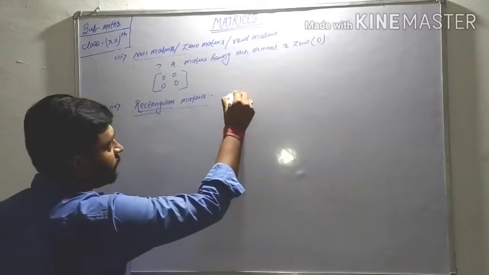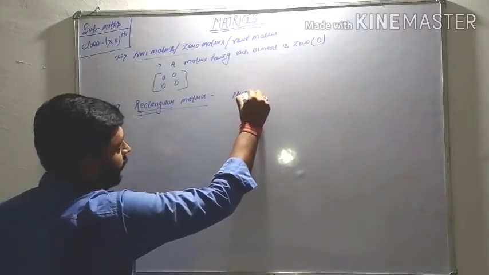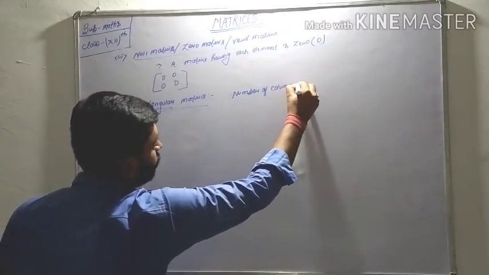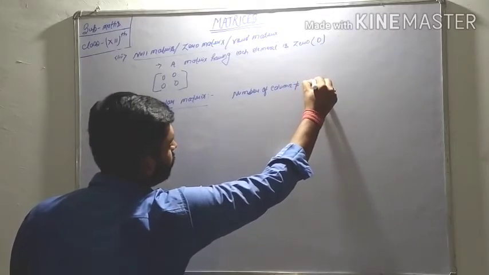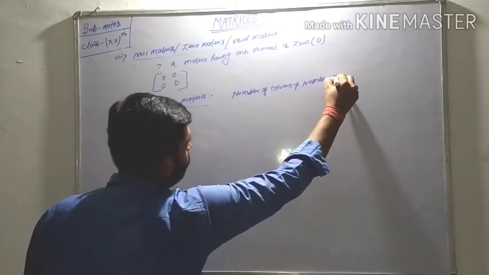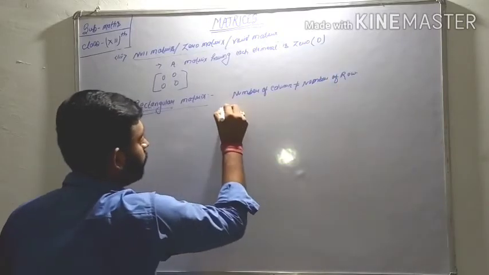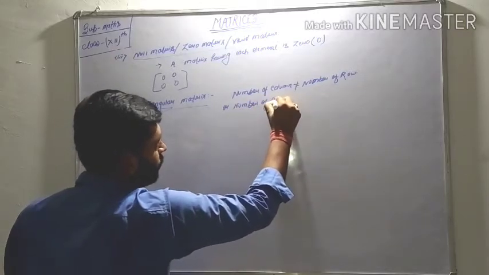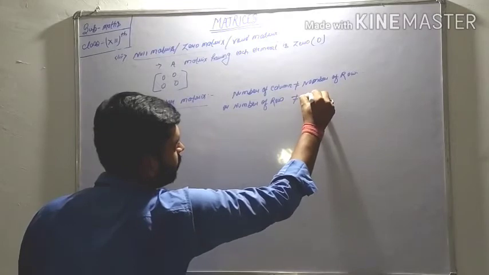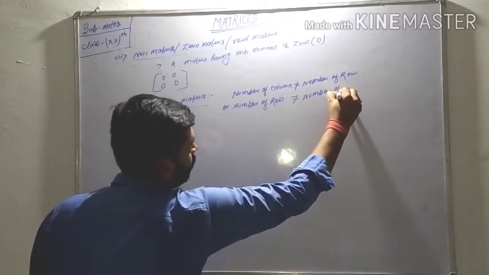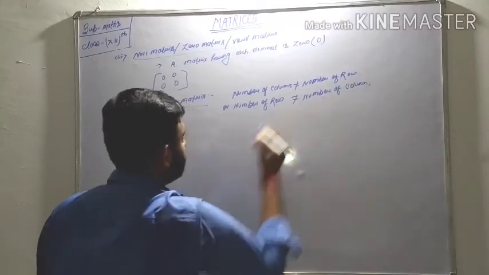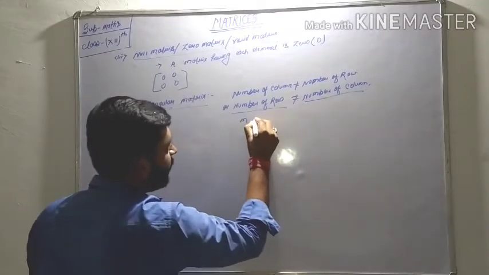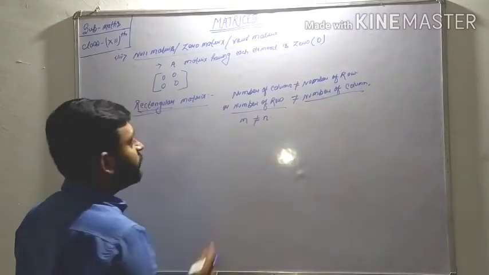That means the number of columns is not equal to the number of rows. Here the number of rows is represented as m and the number of columns as n, so m is not equal to n.